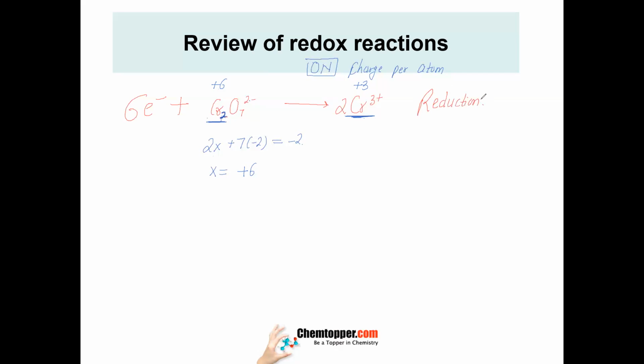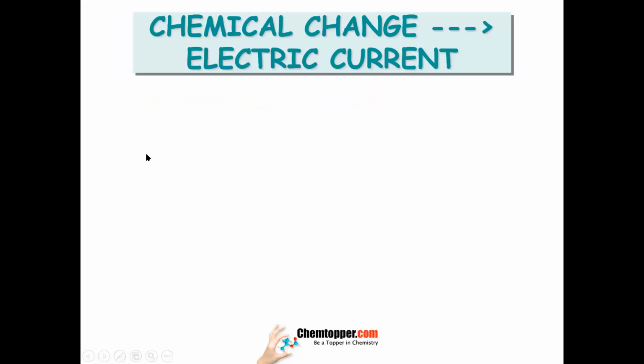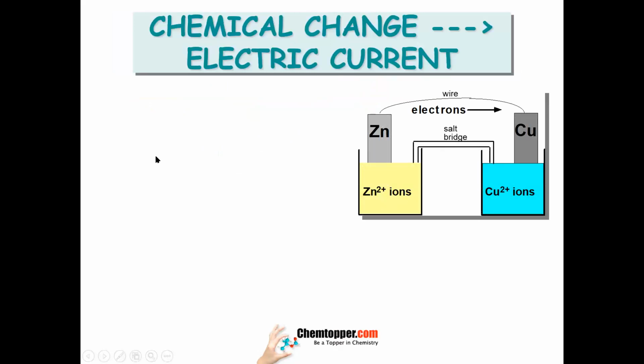We are good? Okay, ready now to understand how these redox reactions are going to give you electricity. So let's see how a chemical change can generate electricity. I'm taking zinc metal, zinc solid.